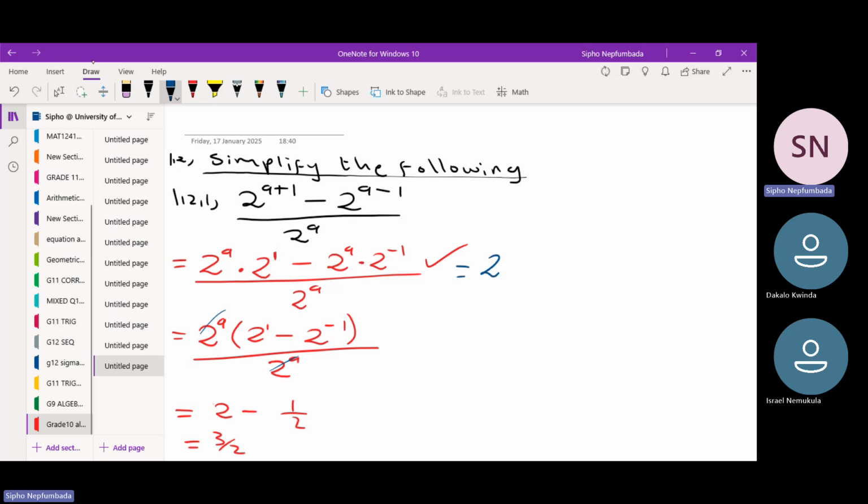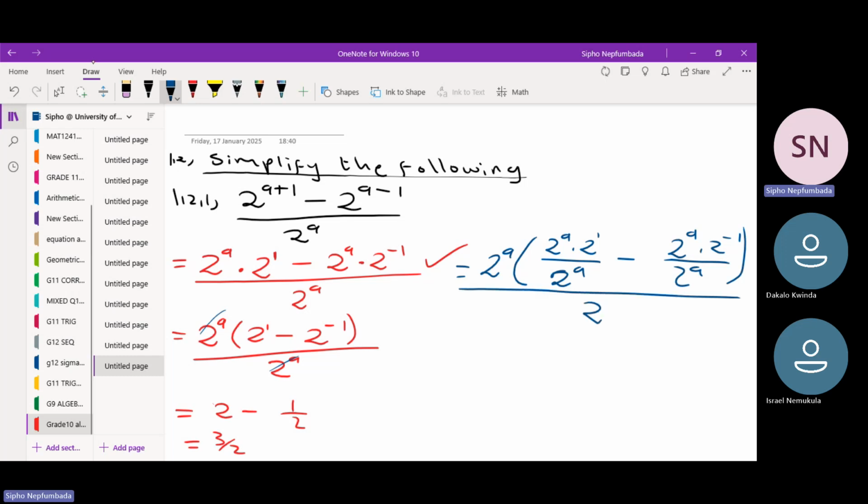You divide by 2 to the power of a. This one and this one cancel.